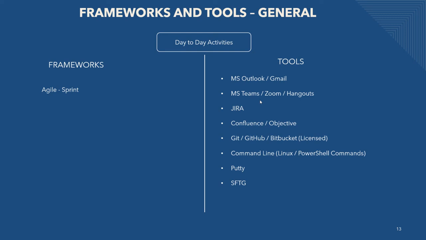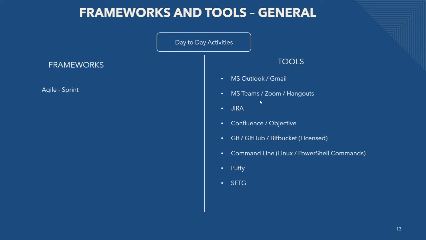The next one is Confluence or Objective. As we discussed in the SDLC, the software development lifecycle, we have analysis, design, and all these phases. In every phase, either the solution architect, business analyst, or you as a developer or a tech lead deliver certain documents.